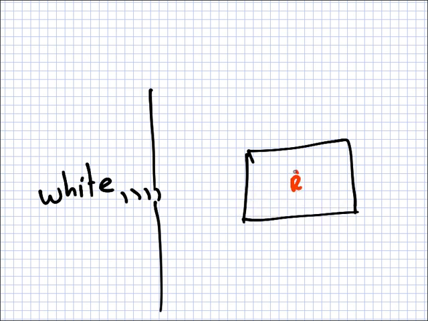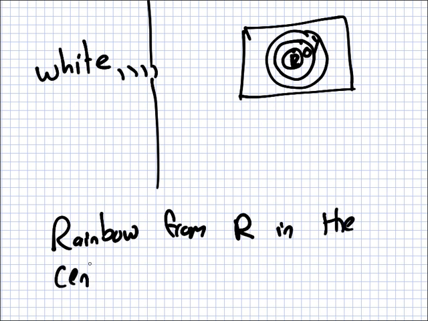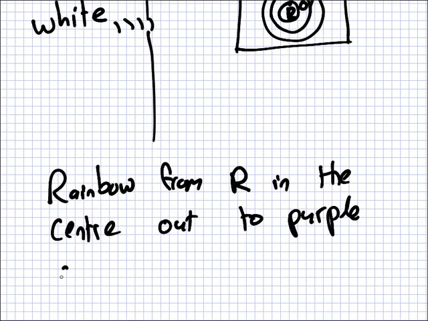It goes red, and then around that you'd have orange, yellow. So you get a rainbow from red in the center out to purple at the edge.